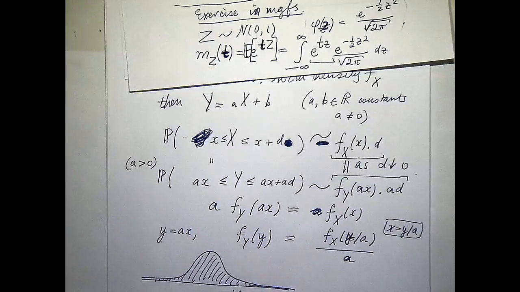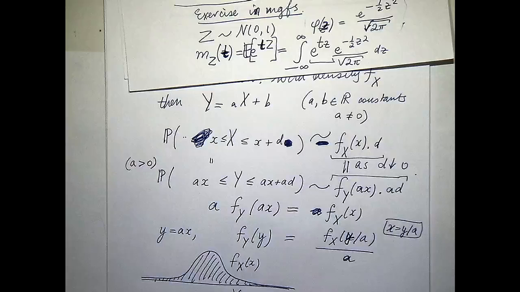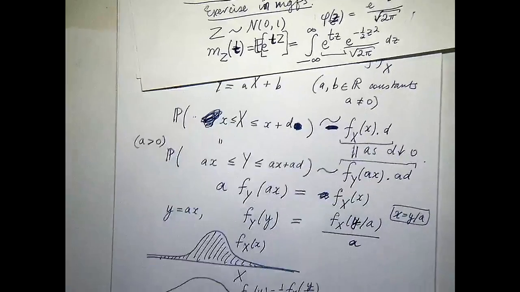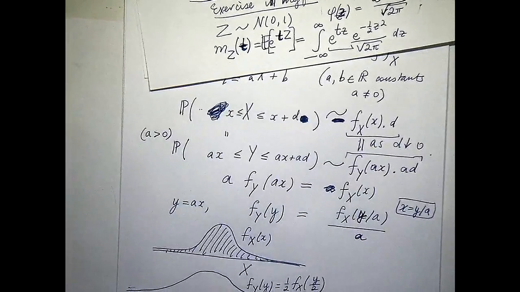So f_Y of y is, in that context, 1/2 f_X of y over 2. Y over 2 is the corresponding x value, and you have to multiply it by 1/2.